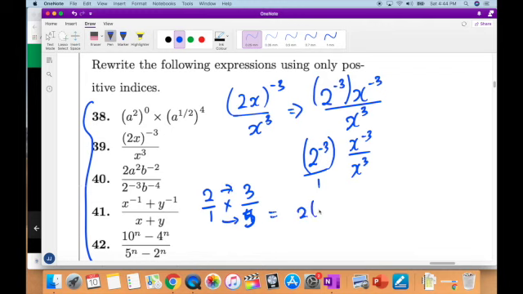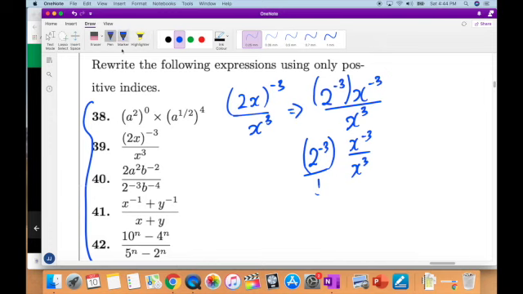So I'll get 2 times 3 over 5 times 1, right? So isn't this the same thing? Yeah.